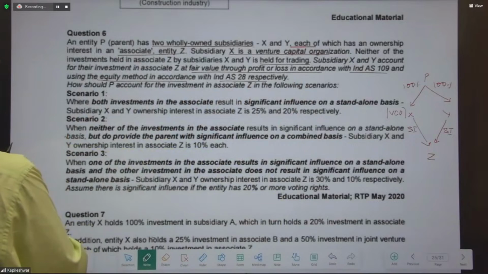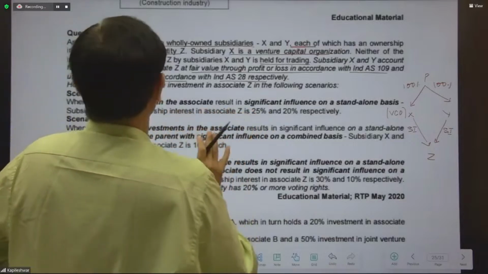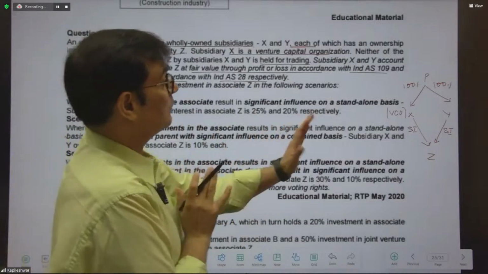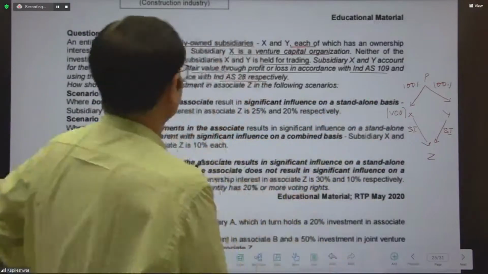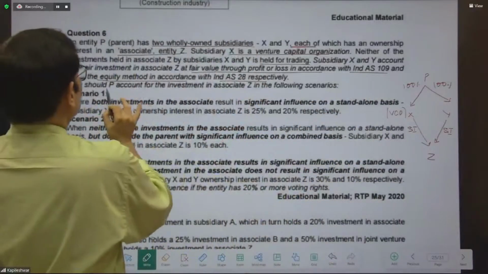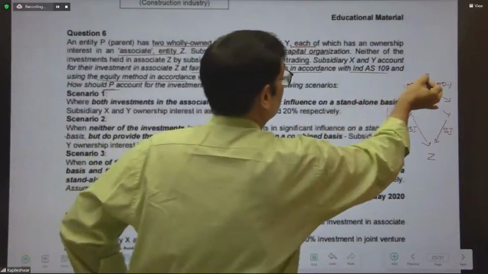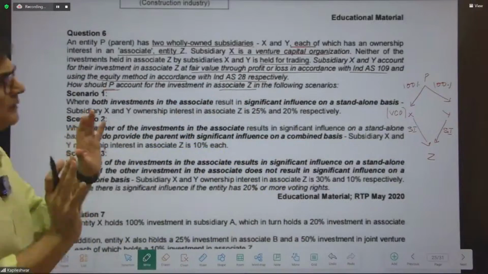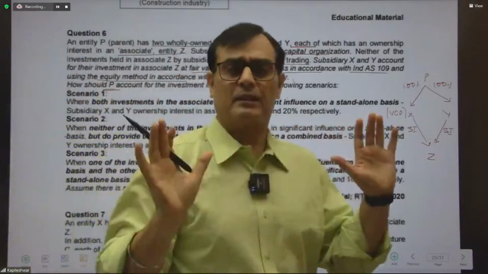So X and Y are accounting under different standards. How should P account for the investment in associate Z? Now, I think before we go further, let's get one clarity.